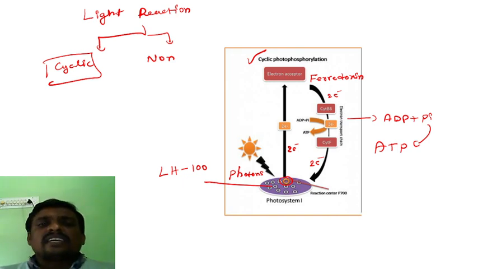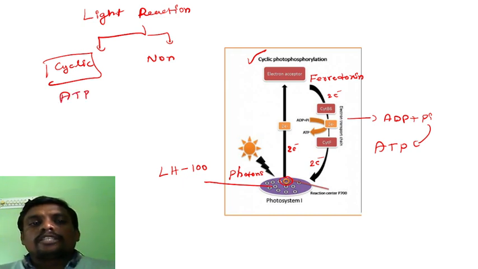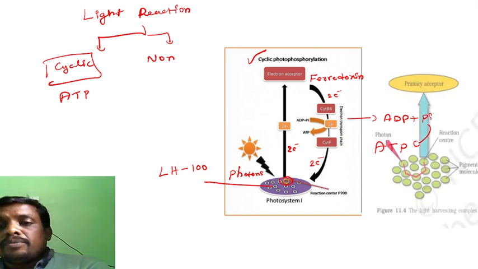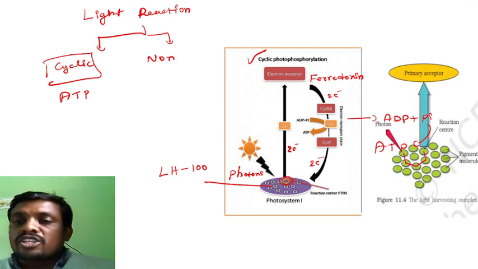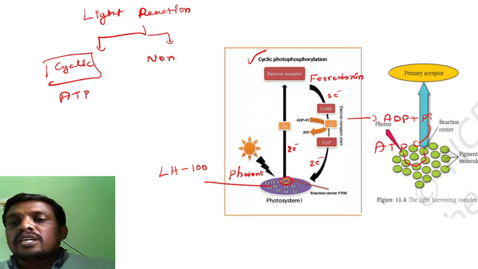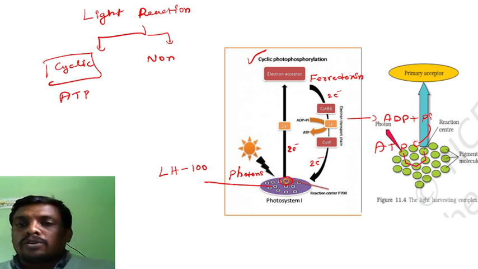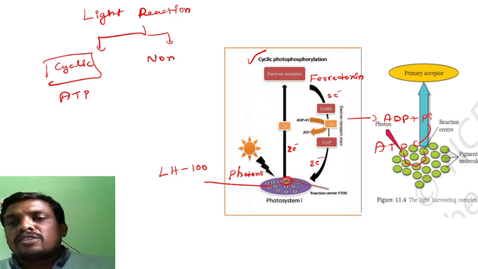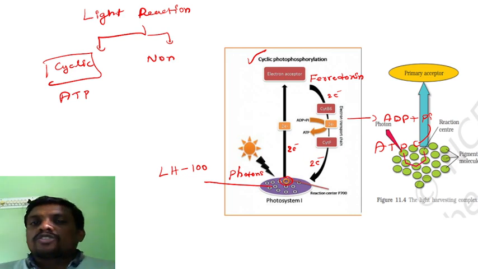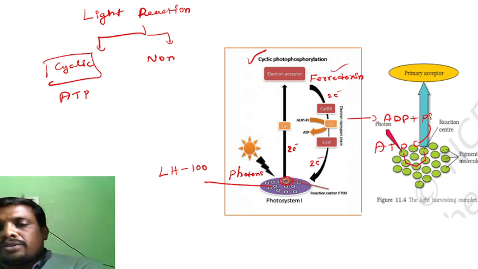Like this, cyclic photophosphorylation helps in the synthesis of ATP while the electrons move downward. Finally, you can see the light harvesting complex made up of more than 100 pigment molecules. Here the reaction center will be there, and the primary electron acceptor will be ferredoxin.